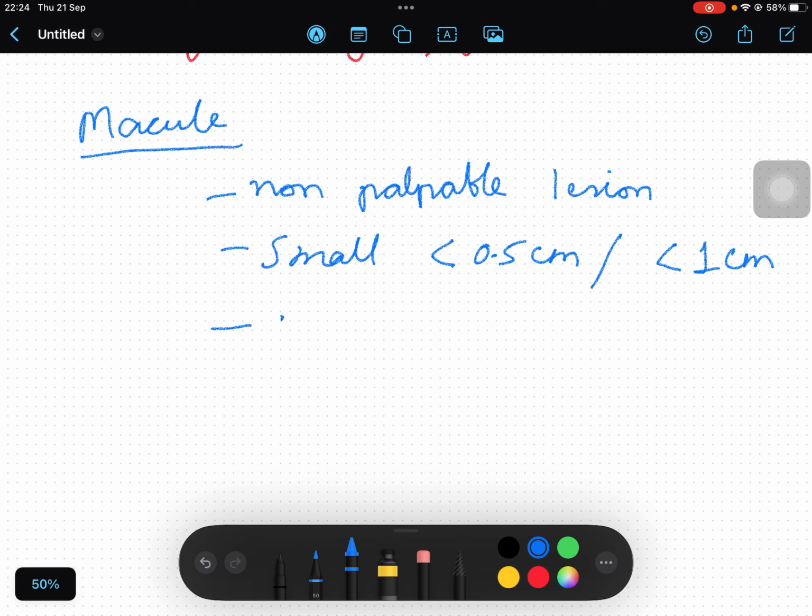So macules are simply a change in color of skin.